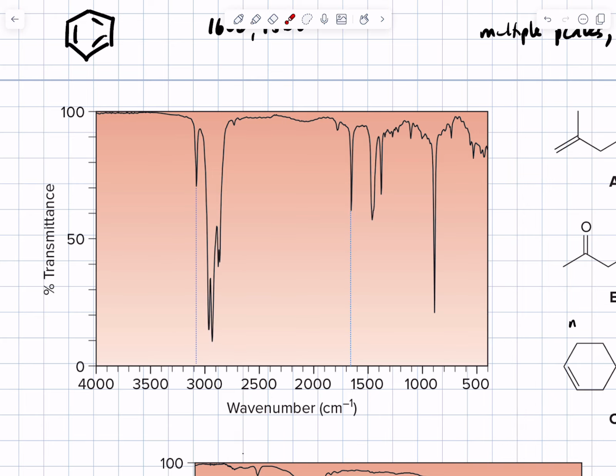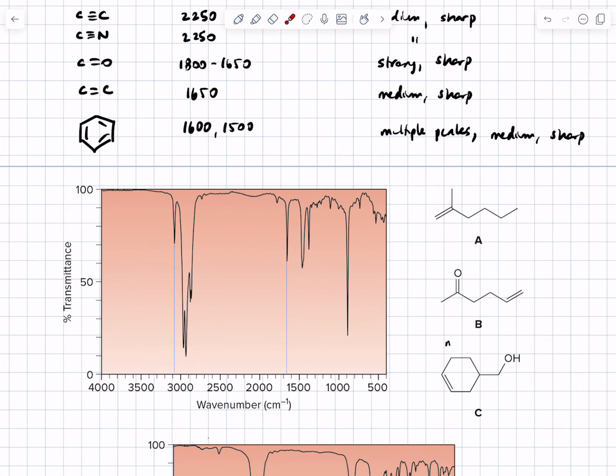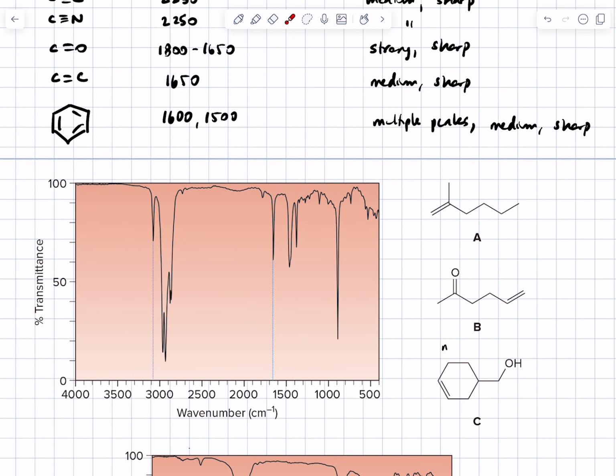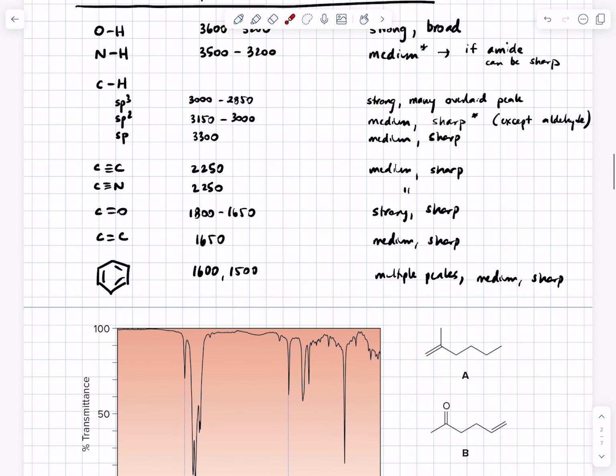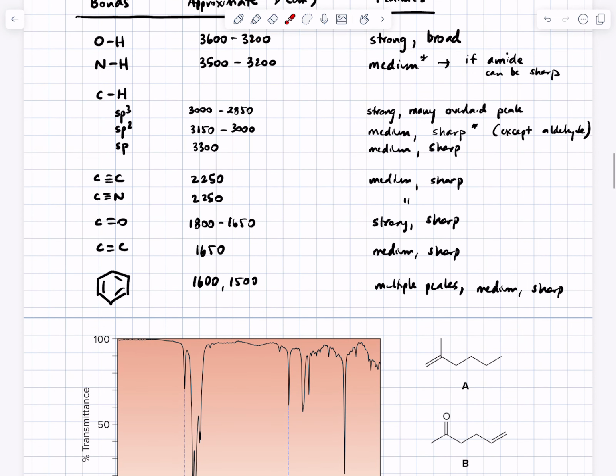All right. So looking at the features of this spectrum and the table that's sort of above, this is easier to interpret if we look at what we would expect for these molecules. So for molecule C, which has an OH group, we want to be looking for, go to your table, a strong broad peak in the range of 3,600 to 3,200.